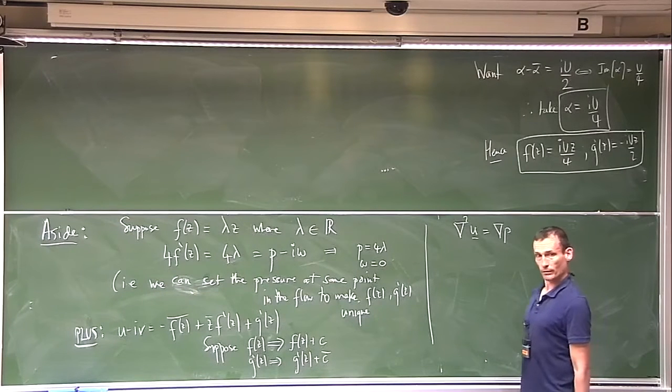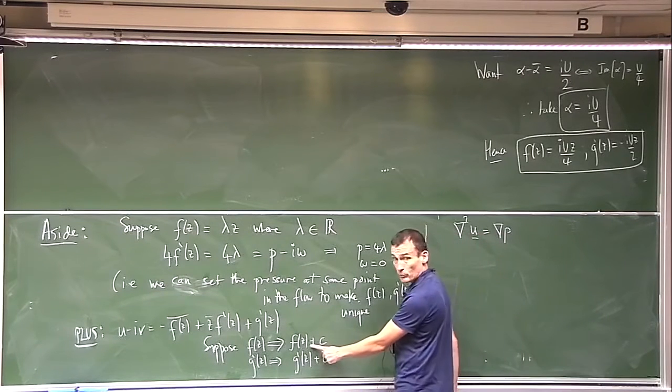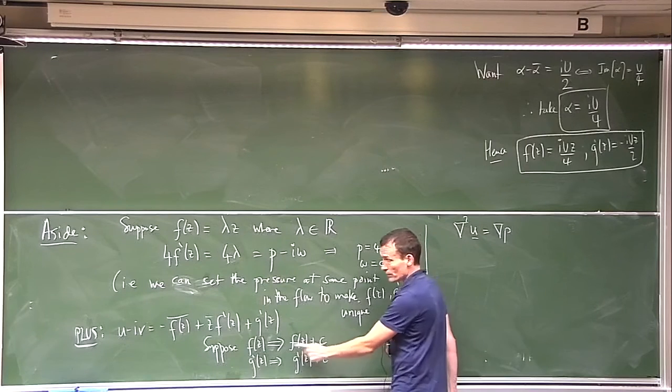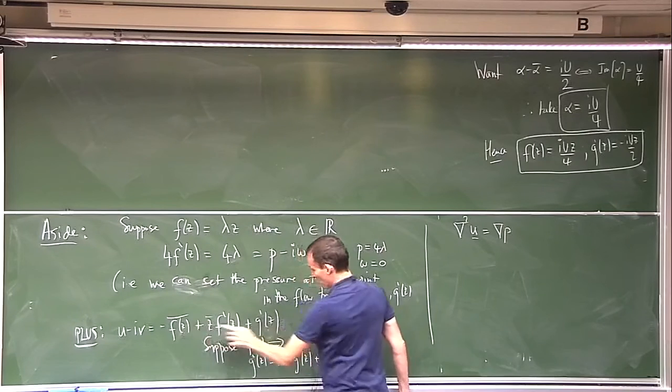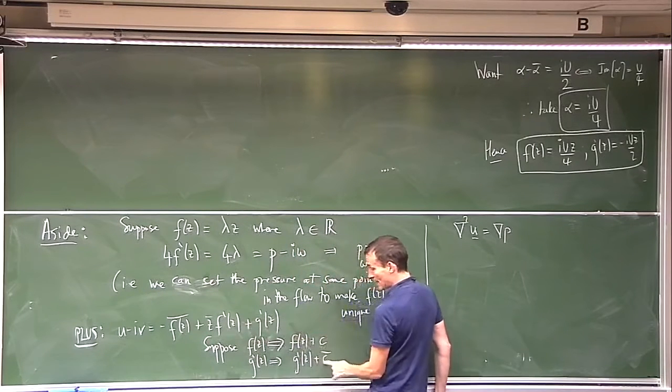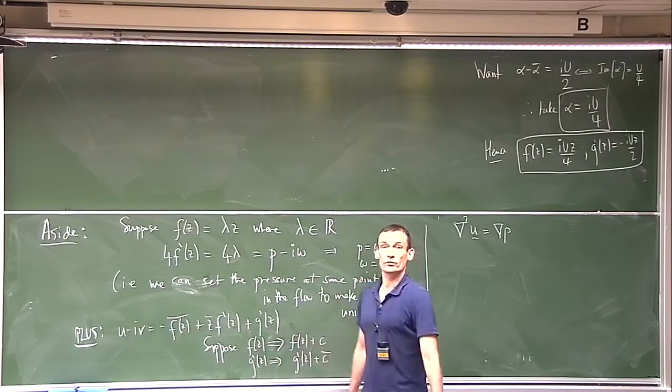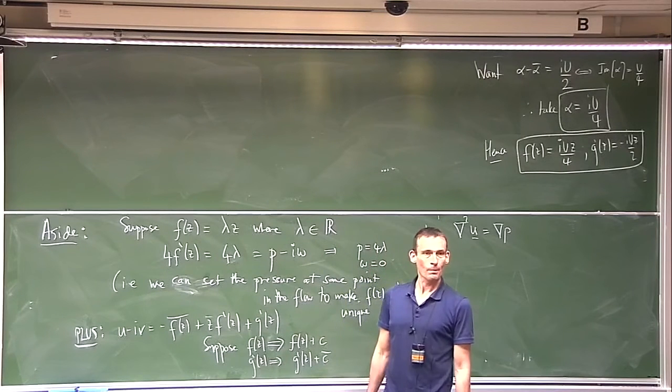You see? First of all, F prime will be the same, so this will be the same. But if I subtract C bar from this, and then add it back in with this one, it doesn't change the velocity field. Okay.